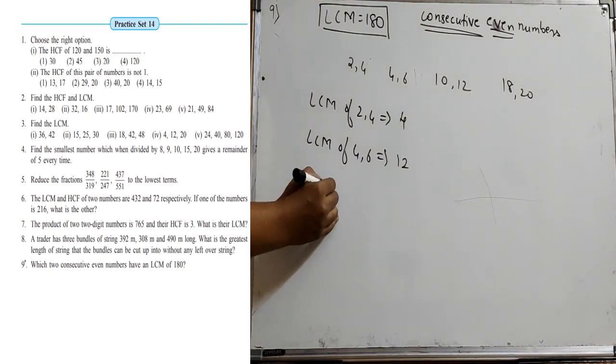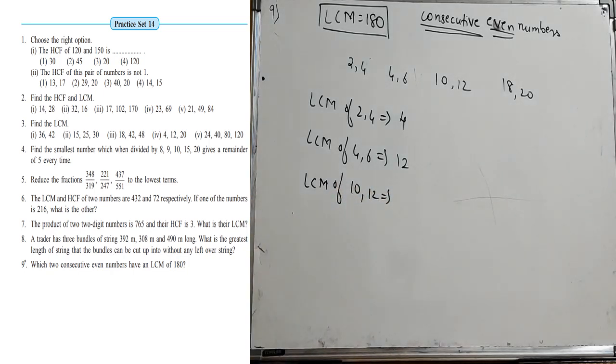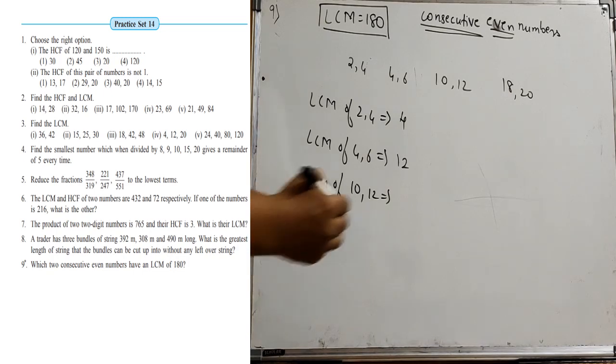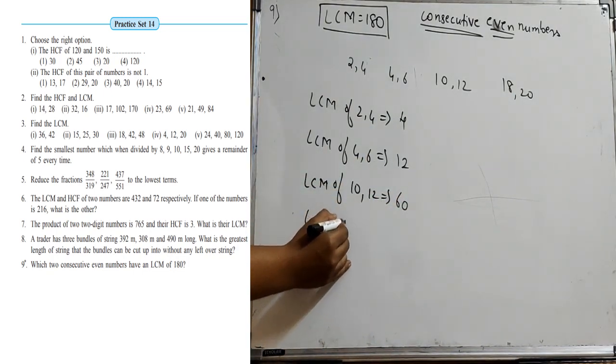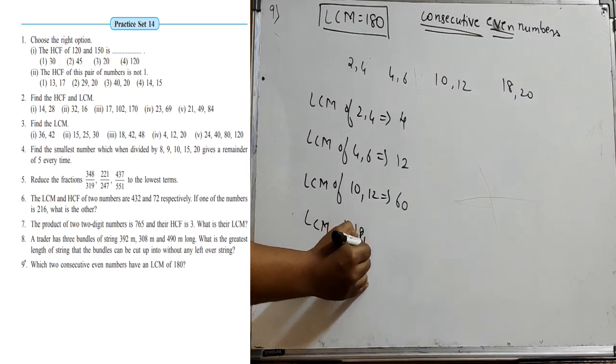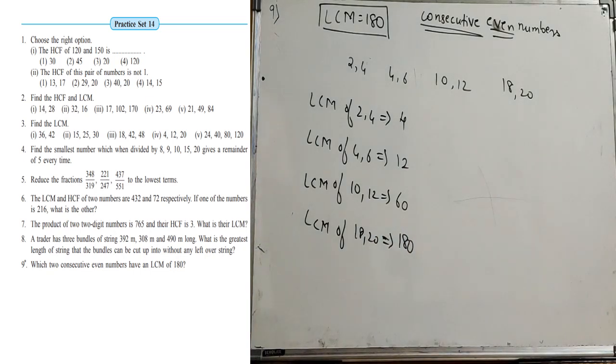Then LCM of 10 and 12, what is it? The LCM of 10 and 12 is 60. And the LCM of 18 and 20, you find out it will be 180.